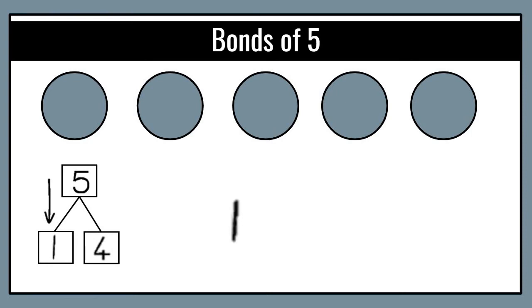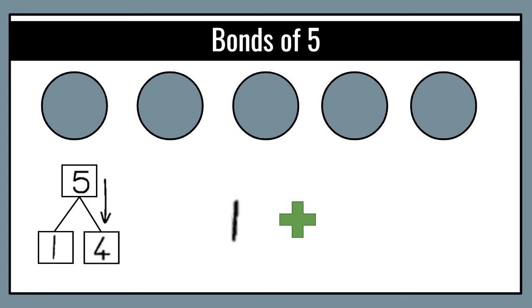Remember, we want to put these 2 together because we want to see if it makes a bond of 5. When we put things together, what character are we going to use? Yes, Mr. Plus, because we want to put it together. Let's write our next number.